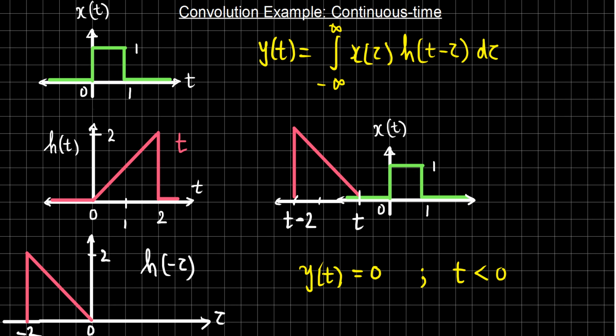When t is less than 0, you can see that there is no overlap between these two signals. Hence the resultant y of t is going to be 0. So in case 1, we are considering the case where t is less than 0. So this is case 1.